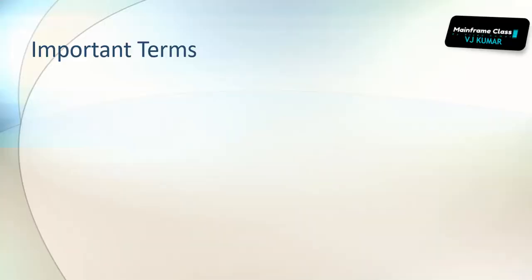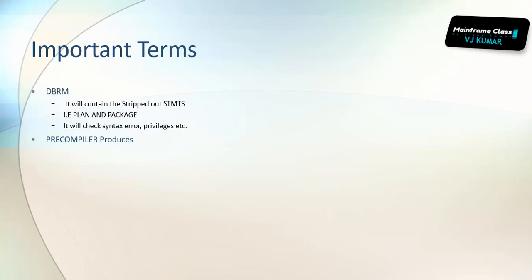Now let's look at the important terms that we have discussed so far while pre-compiling, compiling and running the program. Let me discuss in detail about all these terms. First I will talk about the pre-compiler part. A pre-compiler has created two modules: one was the DBRM and the other was a modified source program with commented SQL statements that we have seen while compiling it.